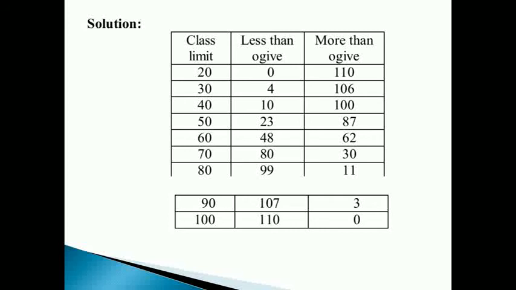Okay, so the class limits are 20, 30, 40, 50, 60, 70, 80, 90 and 100. Check this. The less than ogive values are 0, 4, 10, 23, 48, 80, 99, 107, 110.